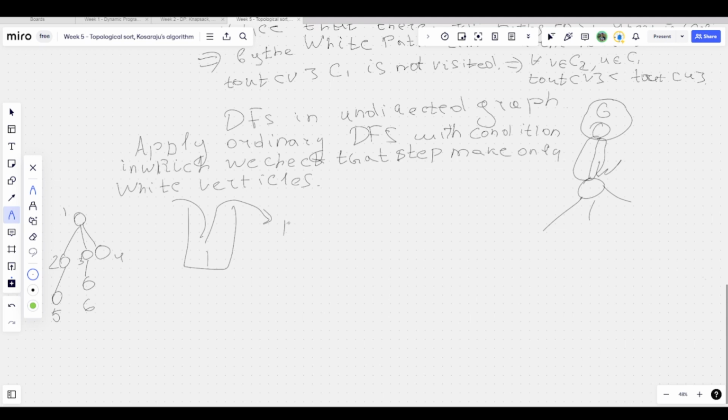Then we consider children of this vertex and put these children into the stack, and so on.